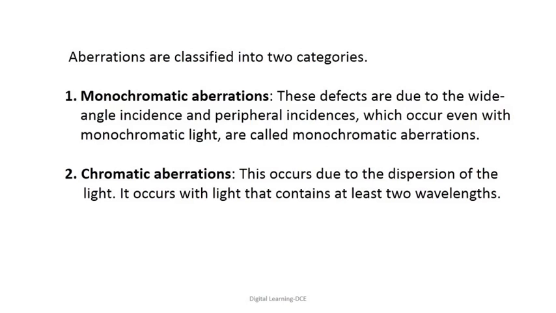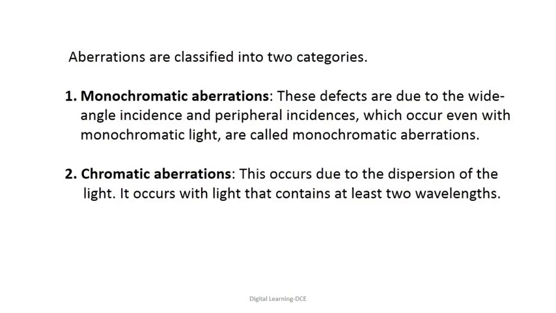These defects are due to wide angle incidence and peripheral incidence, which occur even with monochromatic light, and are called monochromatic aberrations. Monochromatic aberrations are further classified into many types. Let us discuss them later in the coming sessions.